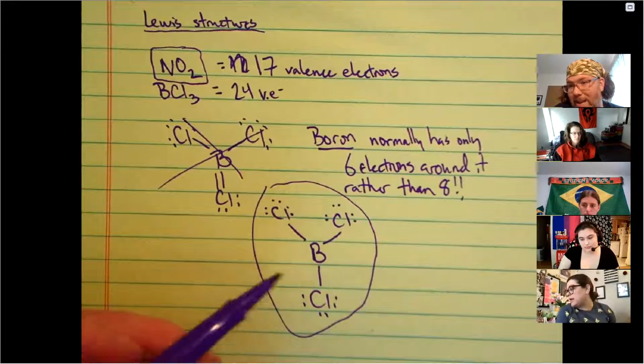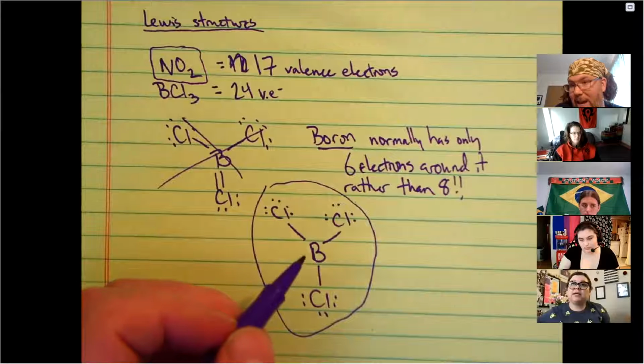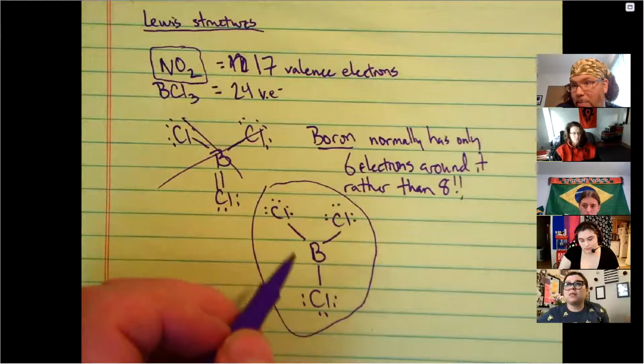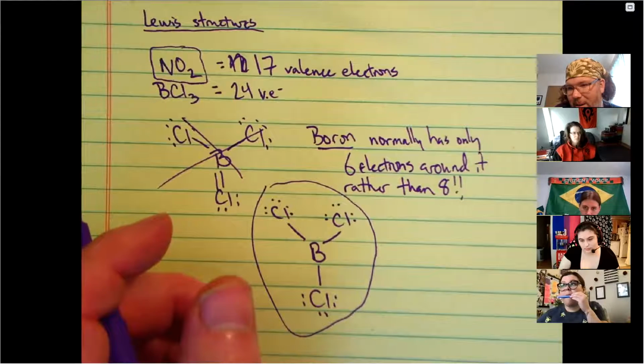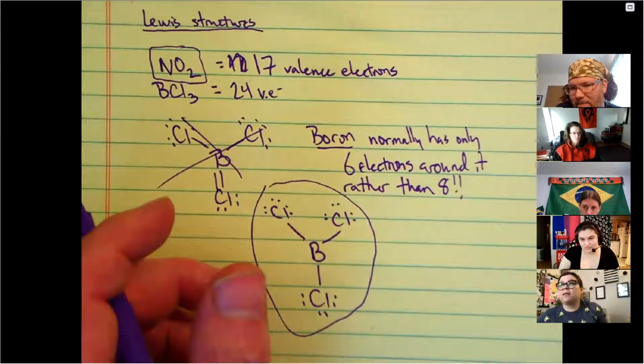So boron is one of those elements that's really hard to keep stable because it either wants to add 1 more bond to get an octet, or it wants to lose a bond because it would prefer to have 6 electrons around it instead of 8. So no matter which thing you do, it wants you to do the other thing instead. So boron is very, very unhappy.